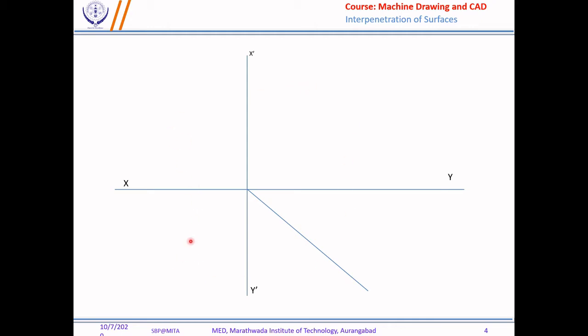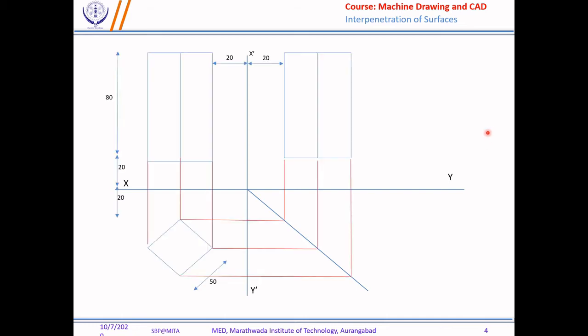There are four quadrants, in which we are going to draw the front view, top view and side view of these two penetrated prisms. First we need to draw the vertical prism in the right position. As shown here, this is the front view, this is the top view and this is the left hand side view.